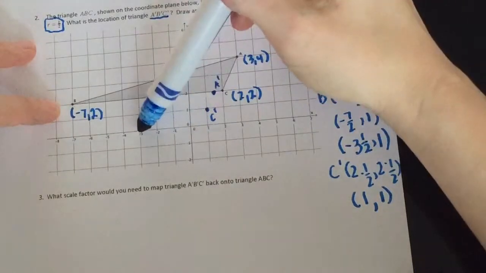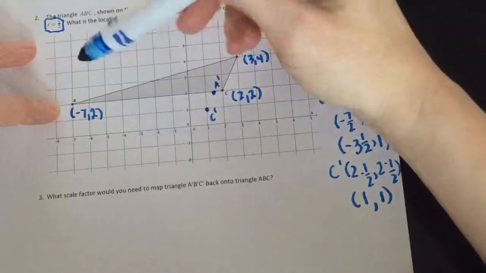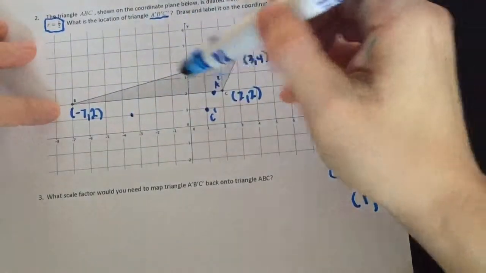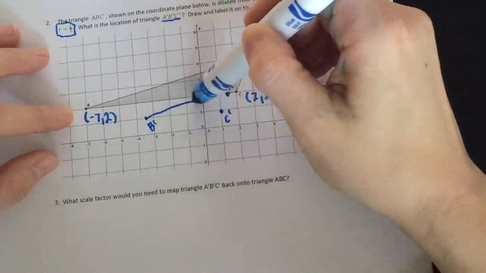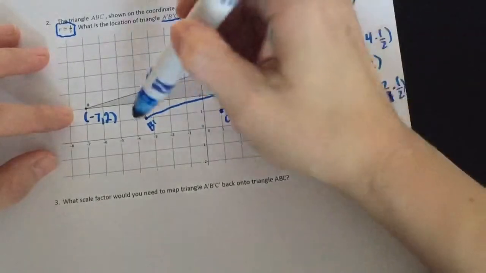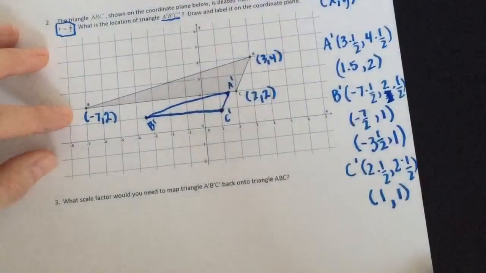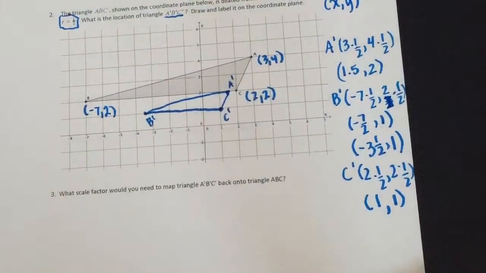So -3.5, 1. B prime. And then you connect your points. And you've dilated by 1/2.